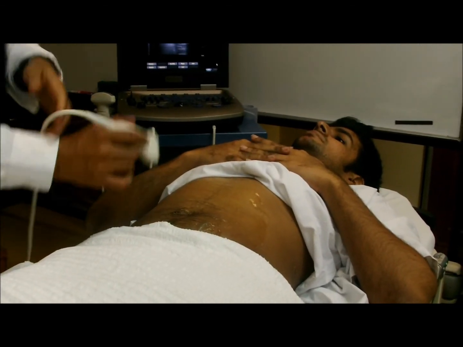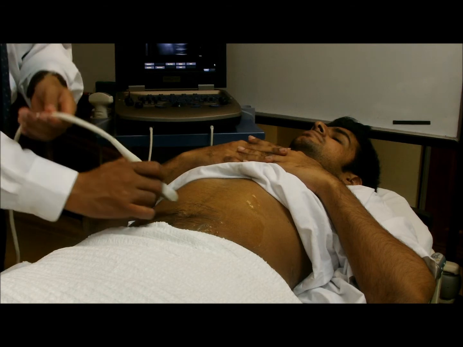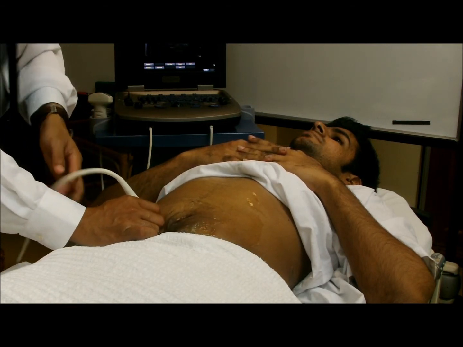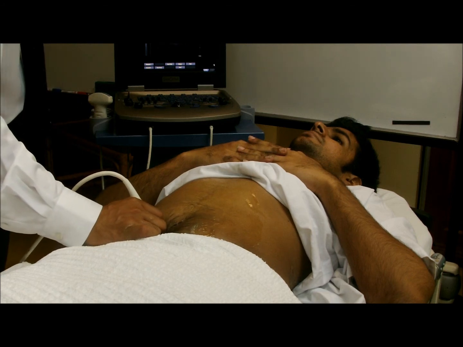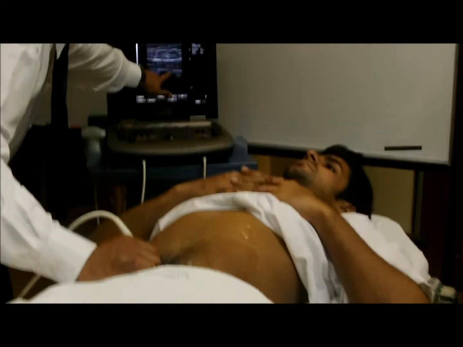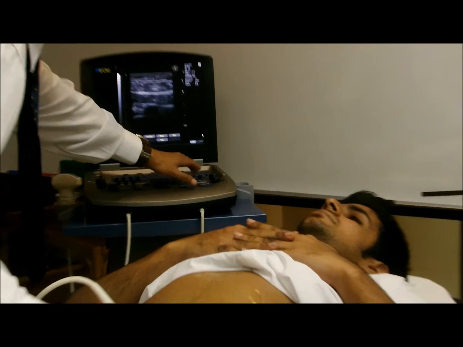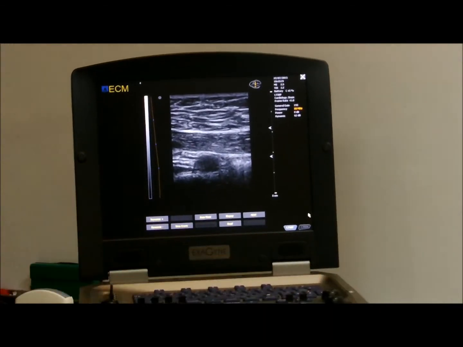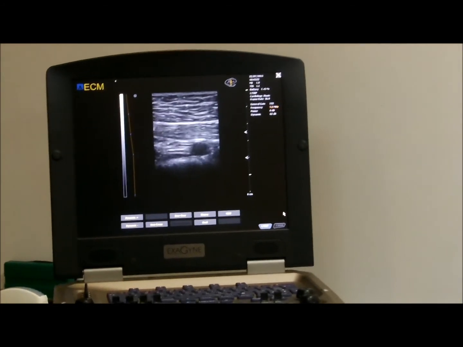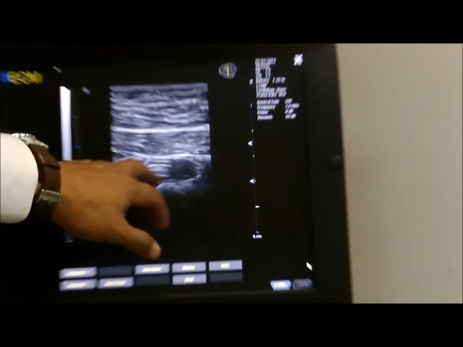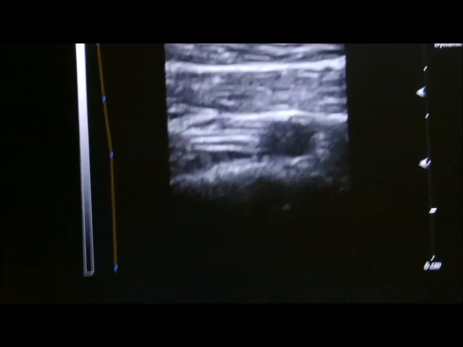So I'm going to try and locate it. If I run my probe towards the right iliac fossa around the McBurney area, I'll search for the iliac artery. I'll find that there's a pulsatile artery there. If you look closely, you will find that there is a tubular structure just next to it.